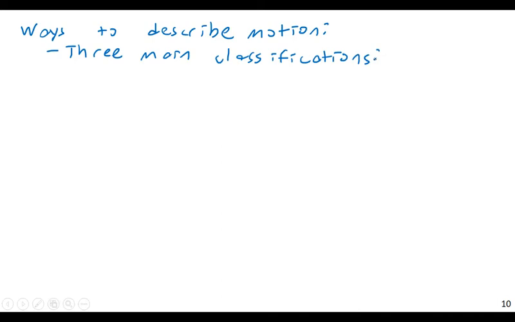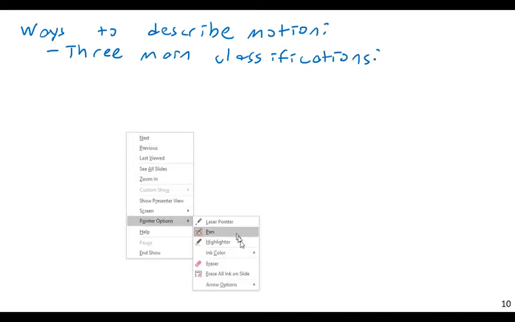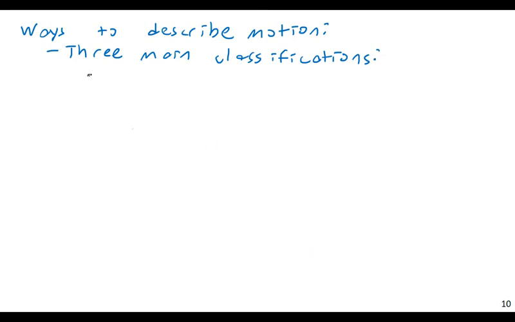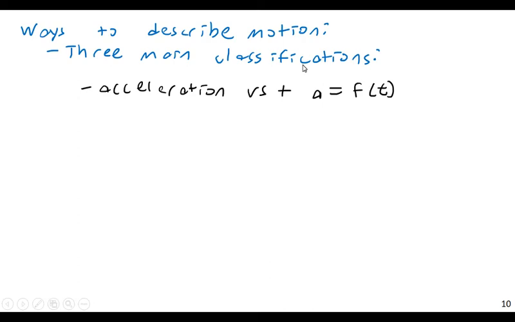I may have acceleration as a function of time, f of t. If I knew that, as long as I knew its velocity at one point and its position at one point, I could find all the rest of the characteristics of its motion.